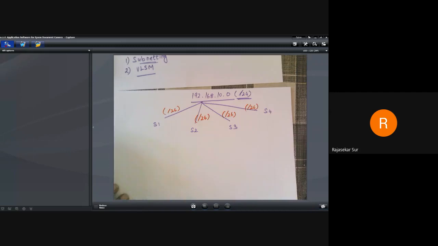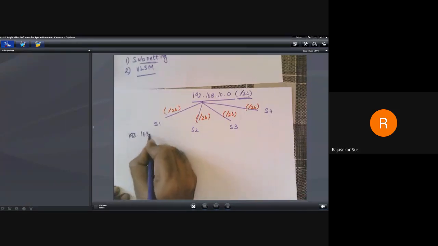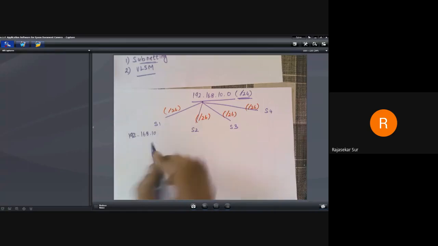Now, for the first subnet, we have the subnet ID. What is the subnet ID? 192.168.10.0. You don't need to write this out; I'm just doing it to help you understand.